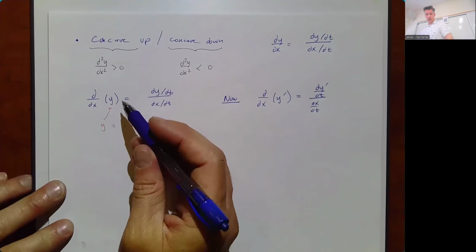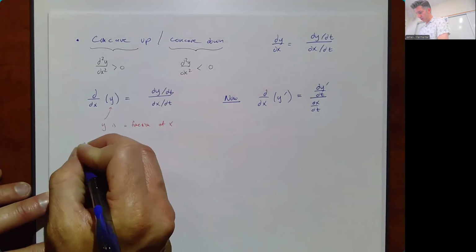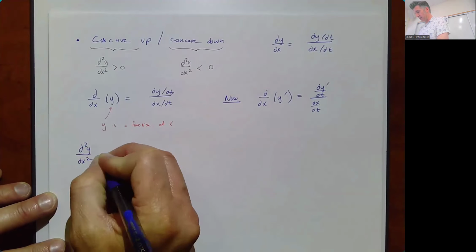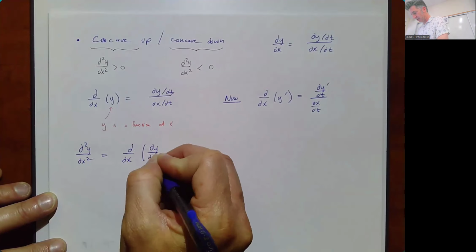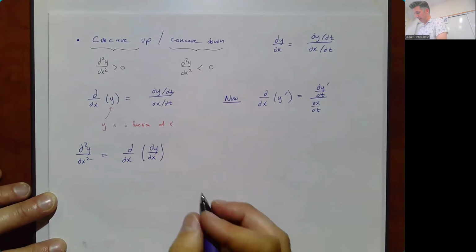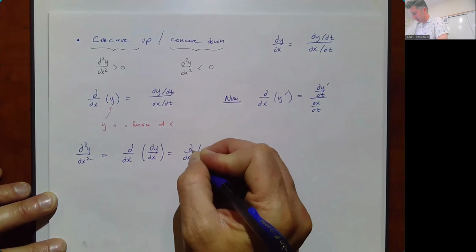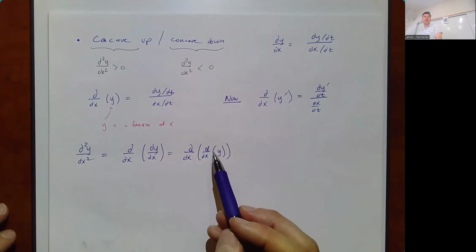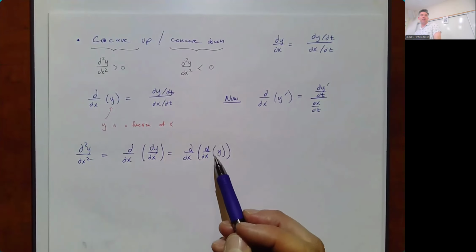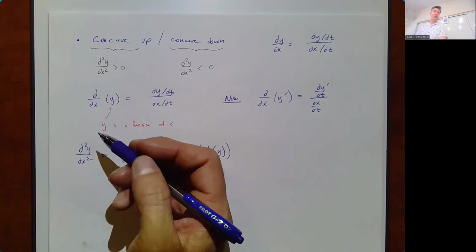Sure. That's fair. So when we write d squared y over dx squared, we're really saying the derivative with respect to x of the derivative of y with respect to x. You could even write it as d/dx of d/dx of y. So the d/dx says take the derivative of, and the y is what you're taking the derivative of. So do it once, do it twice. And the reason we write it this way is because you're not squaring the y, you're squaring the operator, essentially.